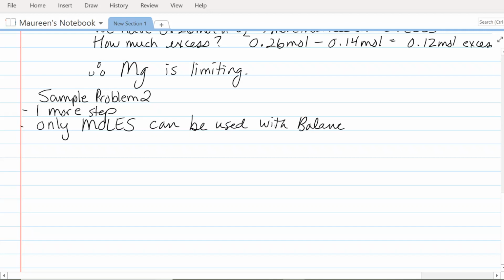That's basically by definition what stoichiometry is. In this question, the question is going to give you mass, and one of the key things you have to remember is that mass cannot be used directly in an equation. So let's start with the question.